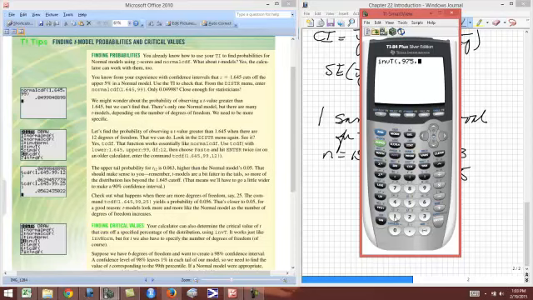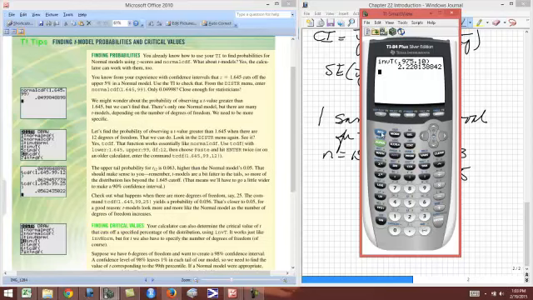Now we know that to get to 95% confidence, I need 1.96, leaving 2.5% in the tail. So let's put in 10 degrees of freedom and see how many standard errors I need. If this were a normal distribution, I'd only need 1.96 to get a 95% confidence. I need 2.28 instead of 1.96.